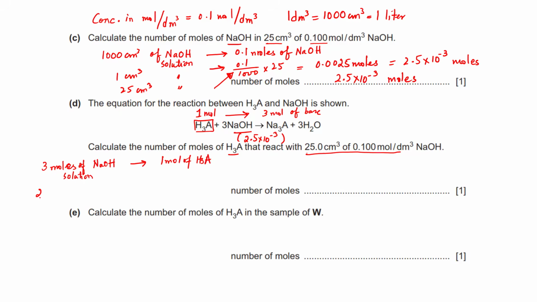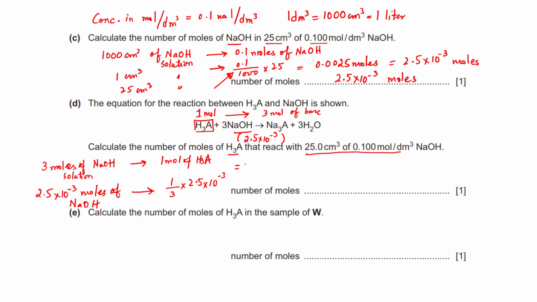So remember, 2.5 times 10 to the power minus 3 moles of sodium hydroxide will need how much? This will be simple: 1 divided by 3 multiplied by 2.5 times 10 to the power minus 3. These will be the number of moles we need.